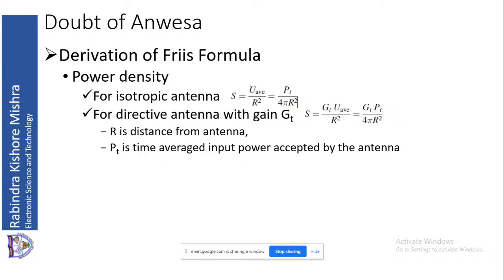Now what is meant by accepted by the antenna? PT stands for the transmitting antenna, which is connected to the source.